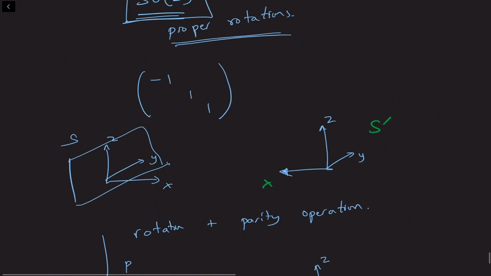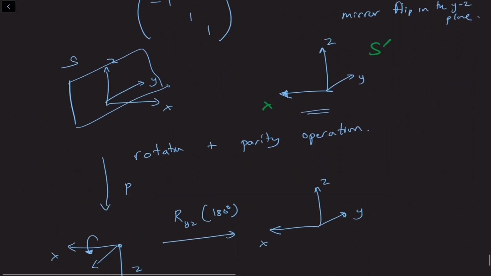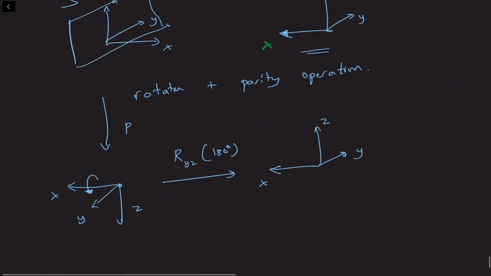So this mirror flip in the yz plane, that is, if you imagine a mirror sitting in the yz plane at x equal to 0, can be achieved by a combination of the parity operation and a rotation operation.